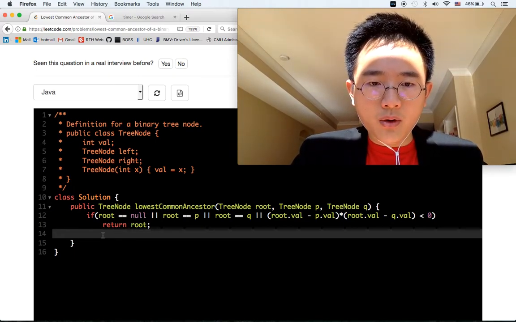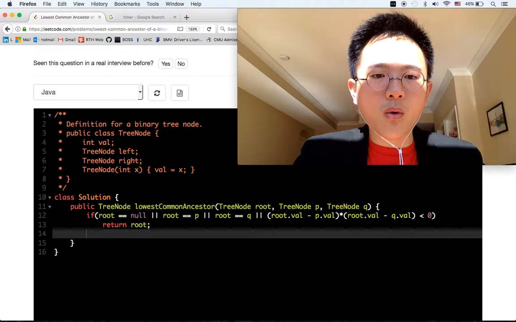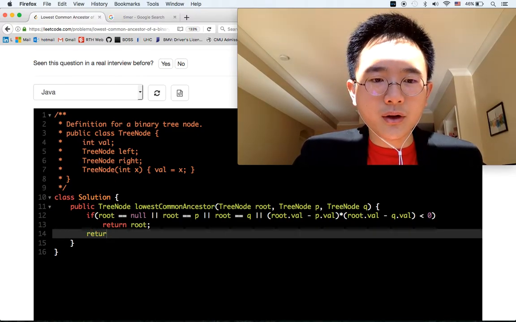So now what we should do is just return the lowest common ancestor.